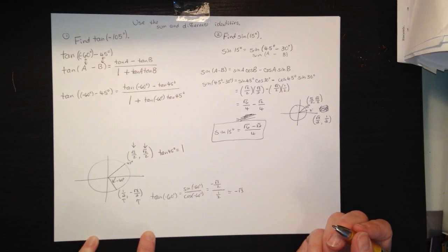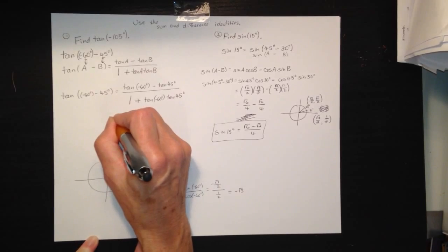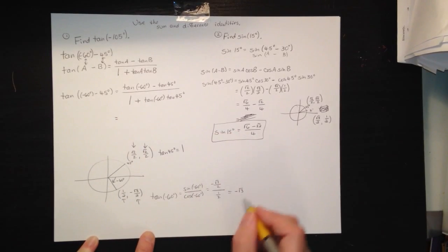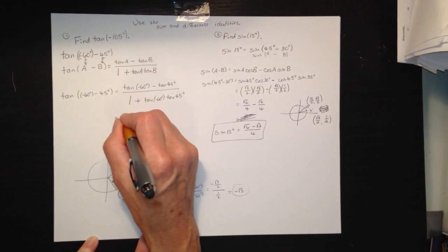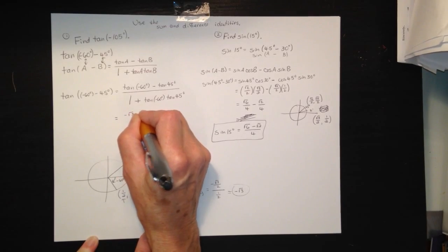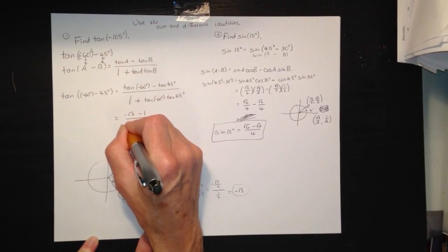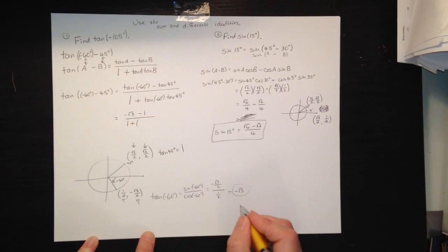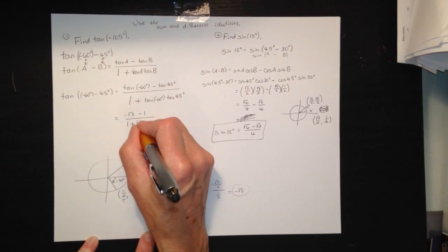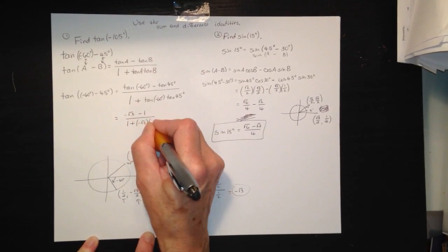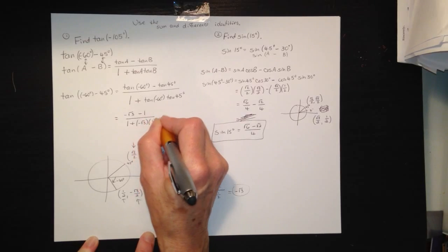Now I just go and plug these values into this identity. This is equal to the tangent of negative 60 degrees, or negative square root of 3, minus the tangent of 45 degrees, minus 1, over 1 plus the tangent of negative 60 degrees, negative square root of 3, times the tangent of 45 degrees, 1.